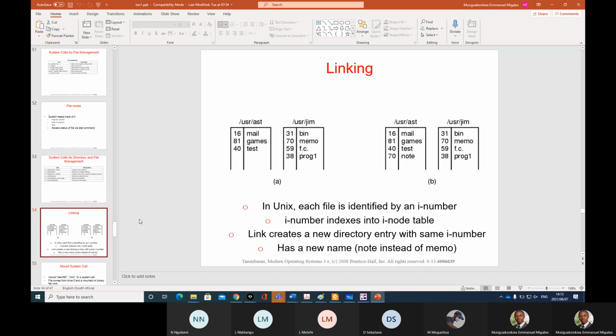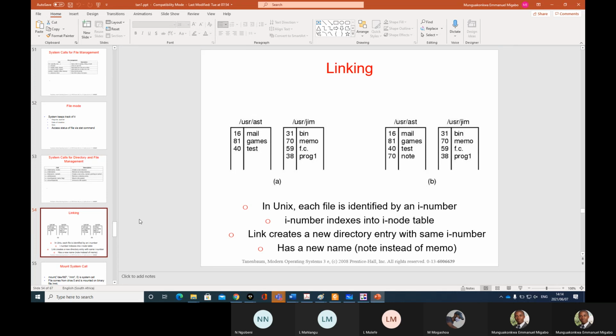The linking process, an example of the linking process is provided here, which has to do with linking a couple of files in different locations. In Unix, each file is identified by an I number, which we call ID number basically. So every file you have in a Unix managed system, meaning Unix operating system on a computer system, will normally have what we call an I number, which is like the ID of the file.